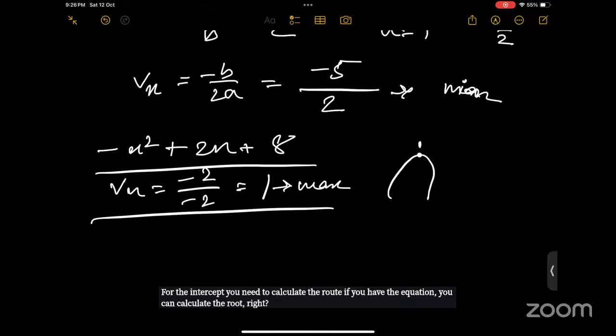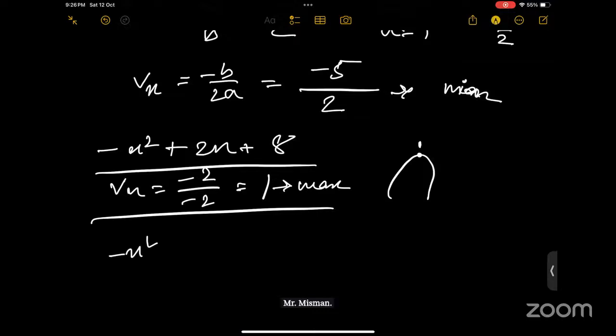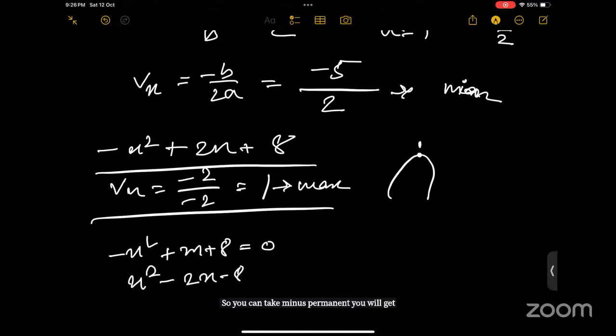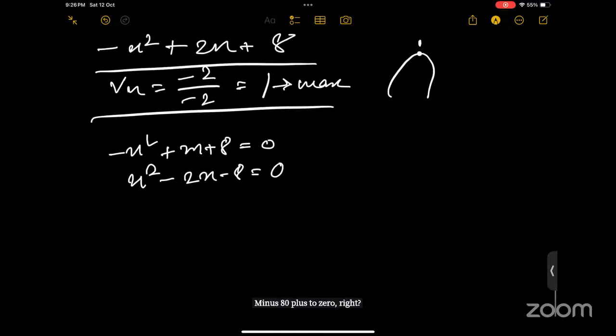So minus x squared plus 2x plus 8 equals 0, right? You can take minus as common, and you will get x squared minus 2x minus 8 equals 0. So we can again apply the completing the square method. x squared minus 2x plus 1 equals 8 plus 1, right?